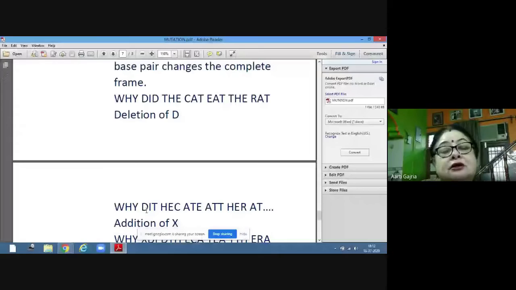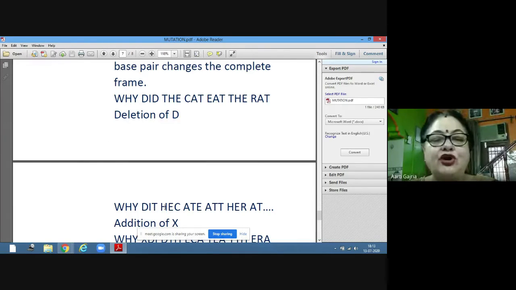This should be IDT. Read it as IDT. This is the mistake because this D has been deleted. So now it will become IDT, HEC, ATE, ATT, HER, AT, and so on. So the frame has changed.